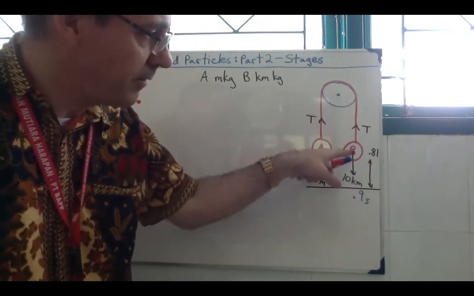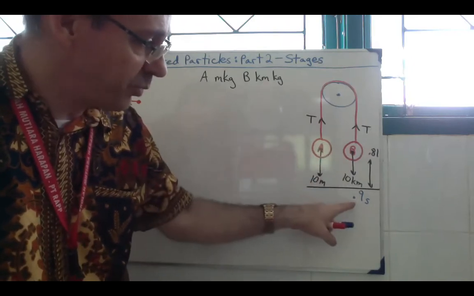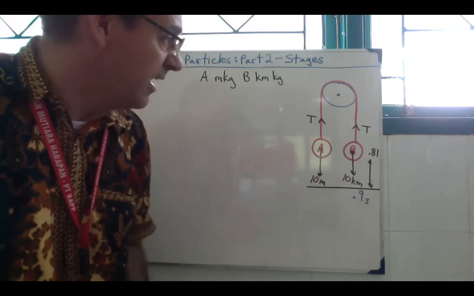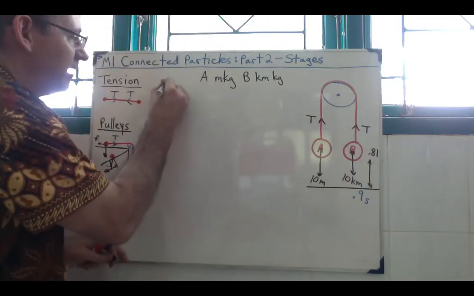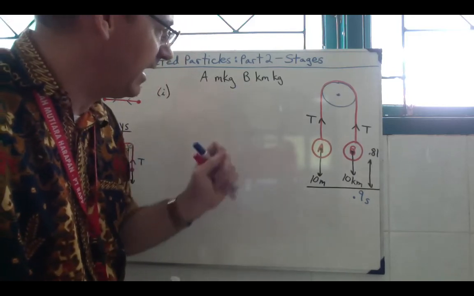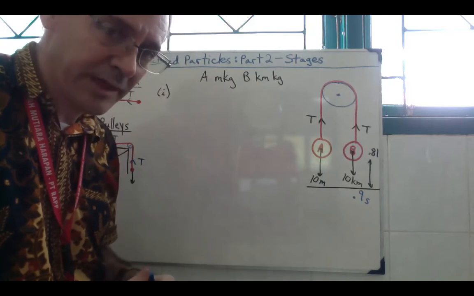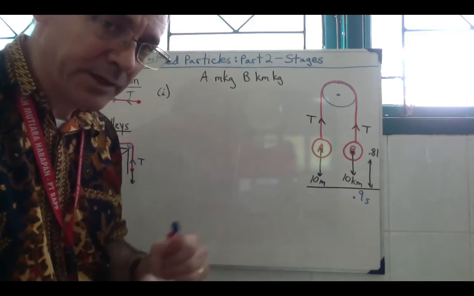It's going to pull B down, and A will go up, and it takes 0.9 seconds for B to reach the ground. But in our first part, it's asking basically for us to find the value of K and to show that the tension is equal to 12 m newtons.